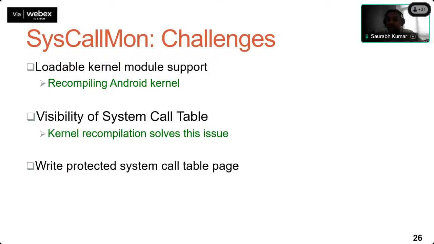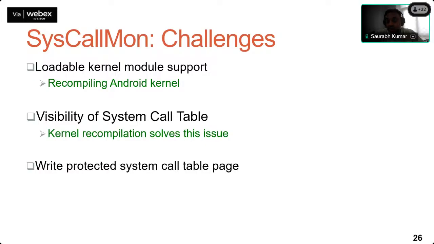The third challenge is the write-protected system call table. In the very early designs, the system call table was not in protected mode, meaning anybody could modify its entries. But in newer versions of the kernel, it is protected, meaning you cannot modify the entries of the system call table.